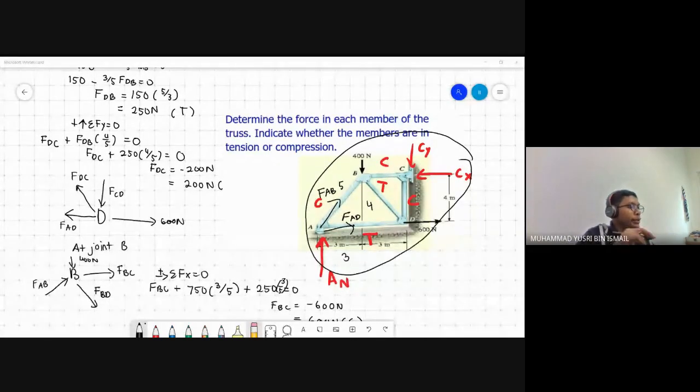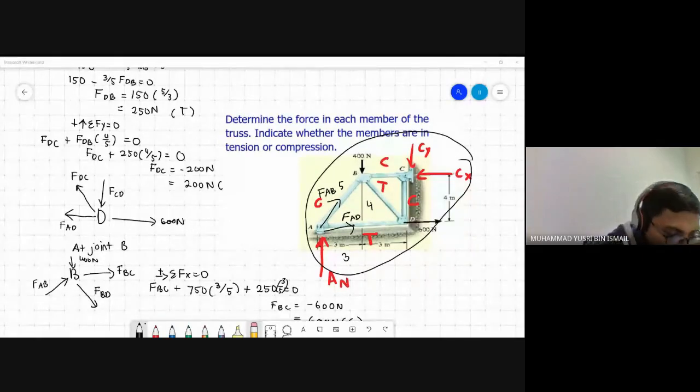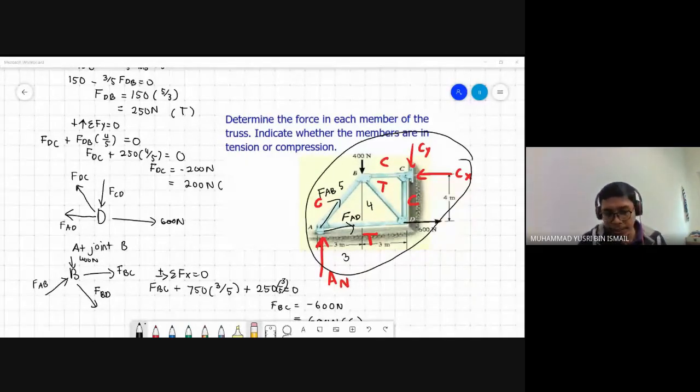We will proceed to one more method, which is using method of section in order to calculate the forces at the trusses. Let's try this final example.